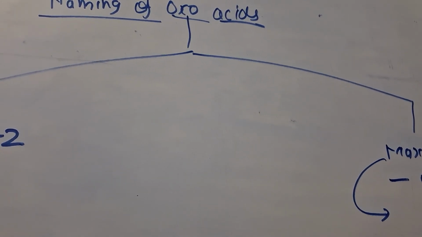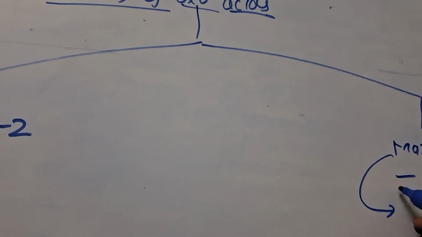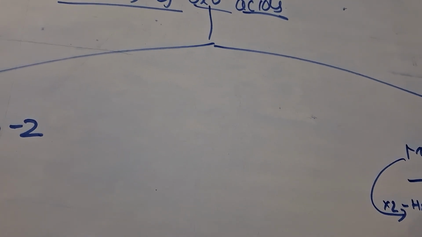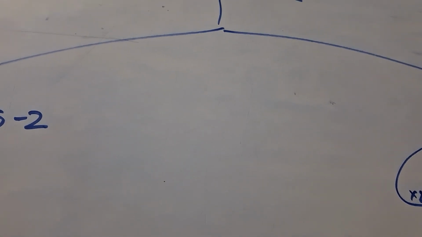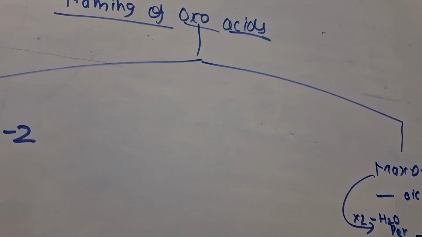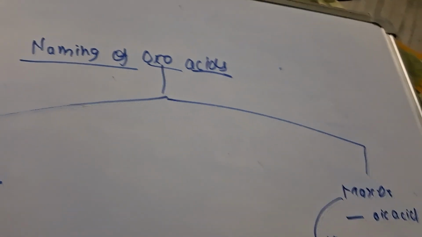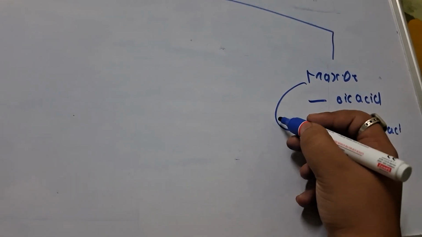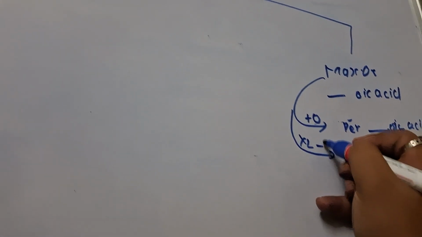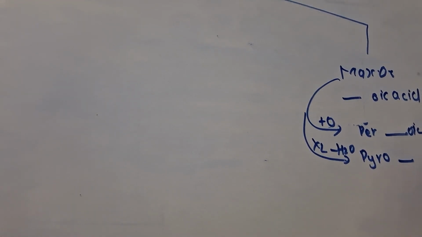Now, if you add one oxygen to it, you will get per-oic acid. If you multiply the formula unit by 2 and subtract H2O, you will get pyro-oic acid.